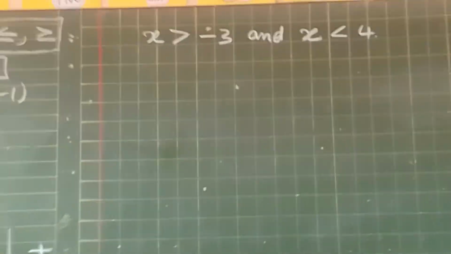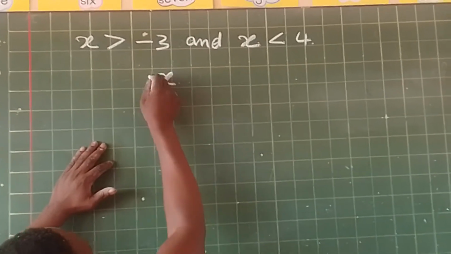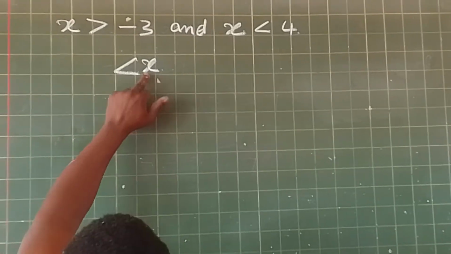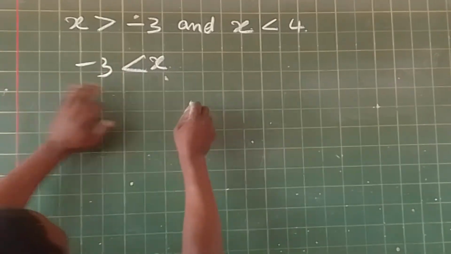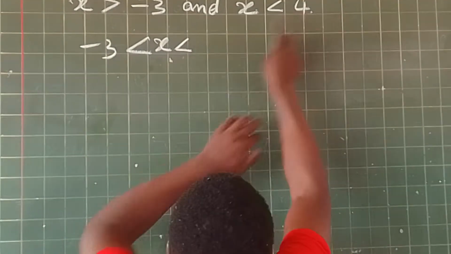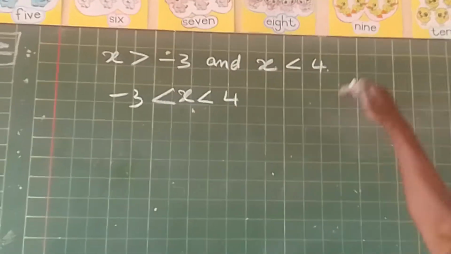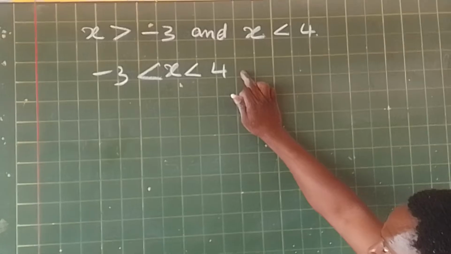See that? Now we're combining these two together. You put your x in the middle. x must be greater than minus 3 and x must be less than 4. You can represent your answer in that way, or you can represent your answer in this way.